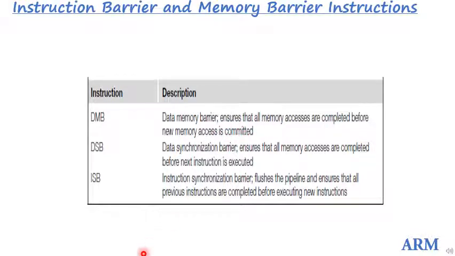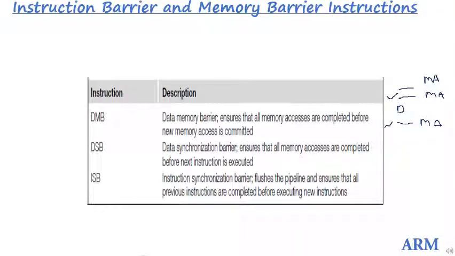So as I have told, suppose the first two instructions are memory access instructions and the third one is also a memory access instruction, but the third instruction requires the previous two memory access instructions to complete, because it requires the updated data from them. In that case, between the second instruction and the third instruction, you can place this DMB, that is, data memory barrier.